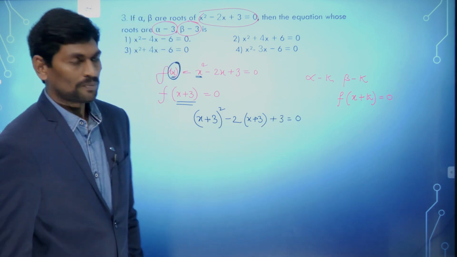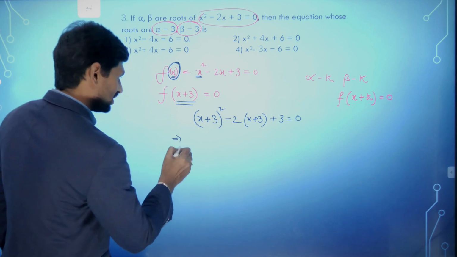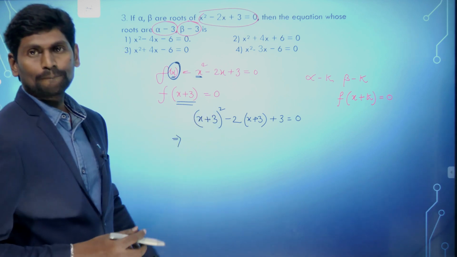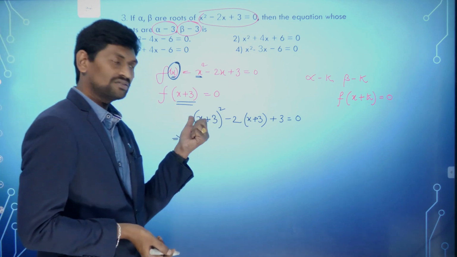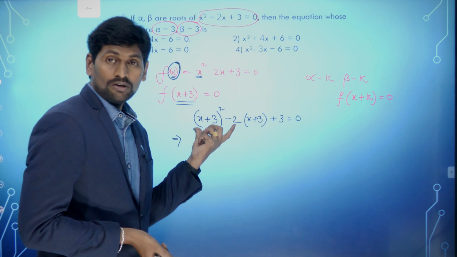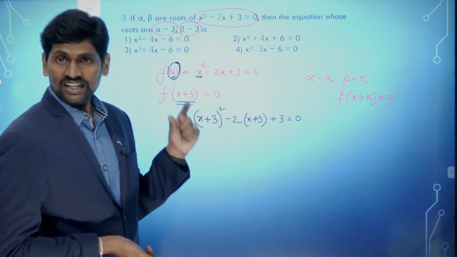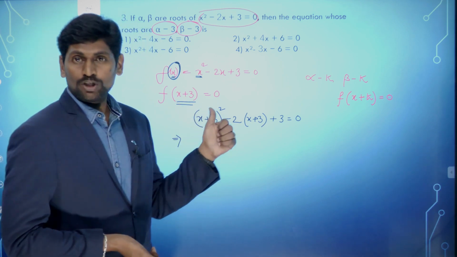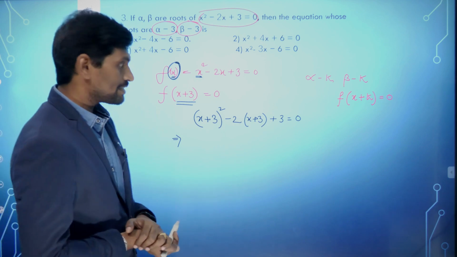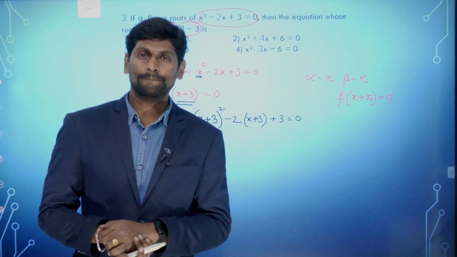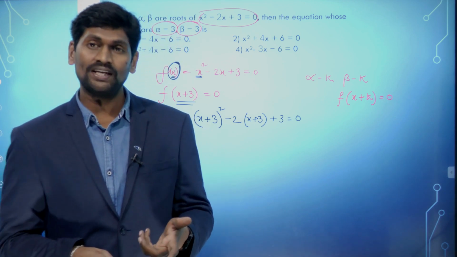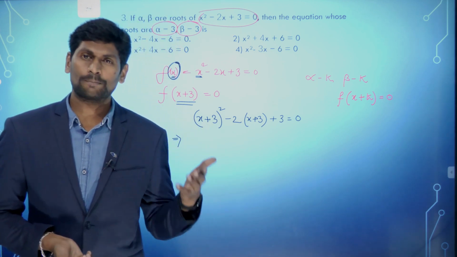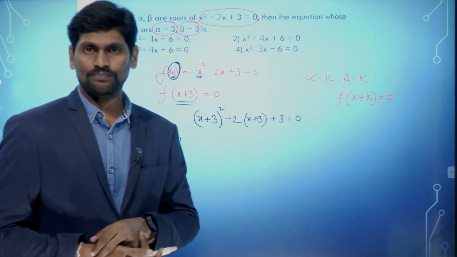Constant now. Next, see that first one, x plus 3 whole square. That is nothing but one of the algebraic identities, the a plus b whole square formula. What is the a plus b whole square formula, children? Very good. A square plus 2ab plus b square, or a square plus b square plus 2ab, anything same.